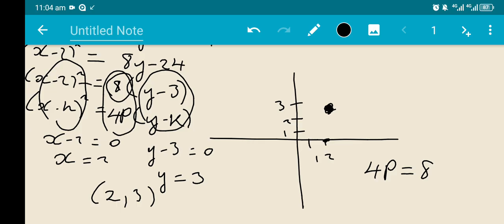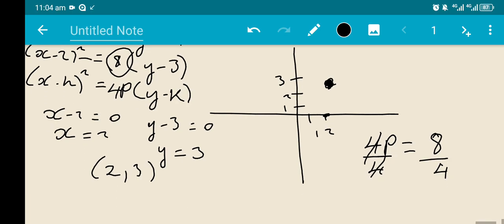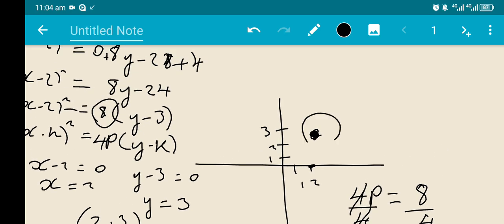To solve for p, we just divide both sides by 4, the 4s cancel out, and p should be equal to 2. So from the center, we move 2 units up.